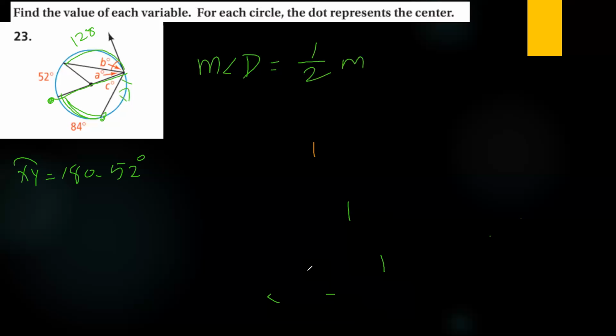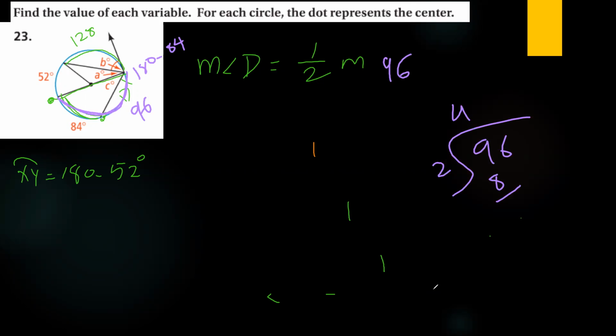Now to find the intercepted arc, this is half of the circle. So if this is 84, this will be 180 minus 84, which is 96. So the measure of this arc is 96. Half of 96, so 48 degrees will be the measure of the angle D.